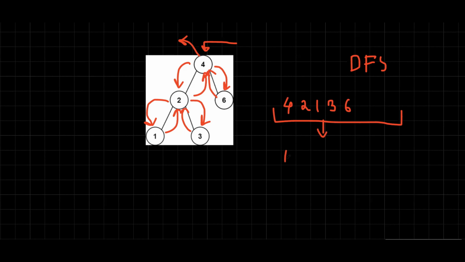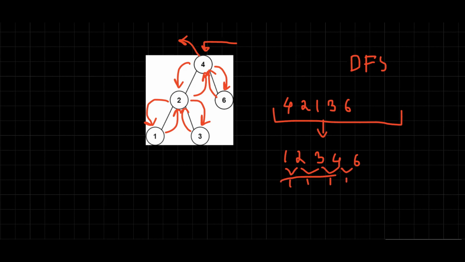Now, if we sort the elements, it will become 1, 2, 3, 4 and 6. Now, here, we will calculate the difference of the elements which are adjacent to each other. So the difference between 1 and 2 is 1. The difference between 2 and 3 is 1. The difference between 3 and 4 is 1. And the difference between 4 and 6 is 2.